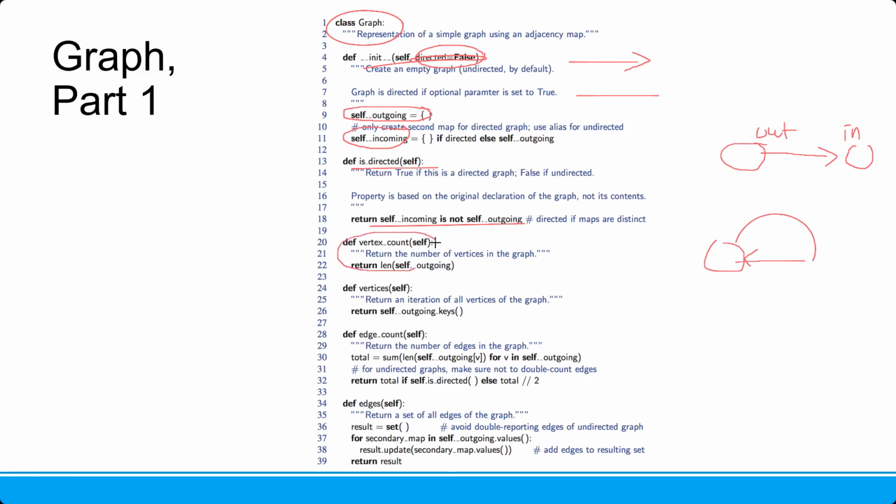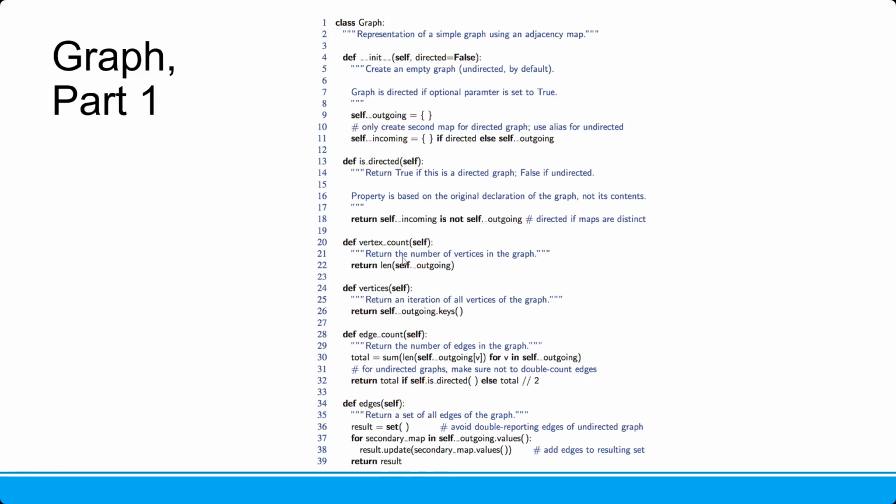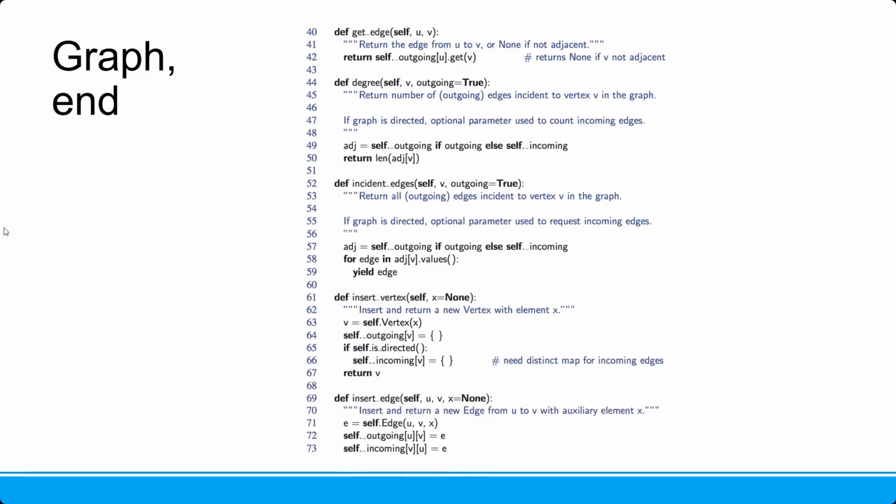You can check how many vertices you have, and you can loop according to the keys. You can check how many edges you have, and you can also loop using the function edges. So this is the function that I mentioned before.